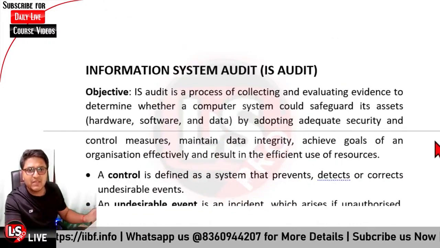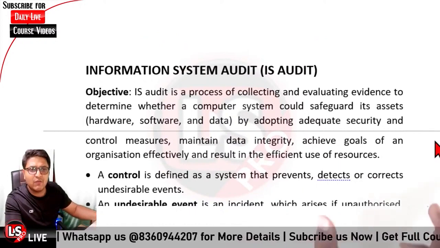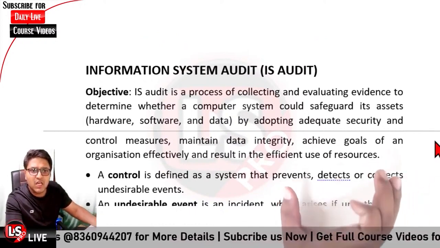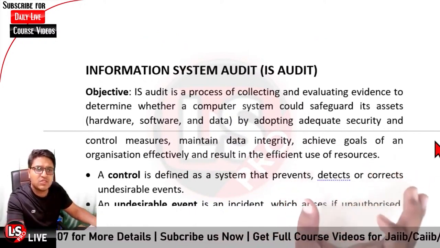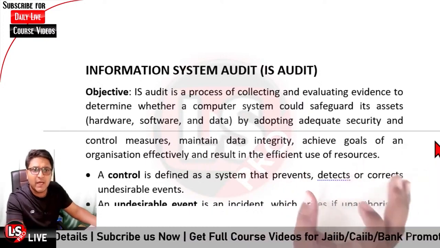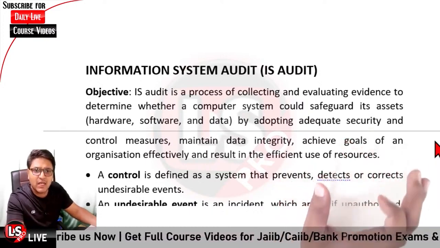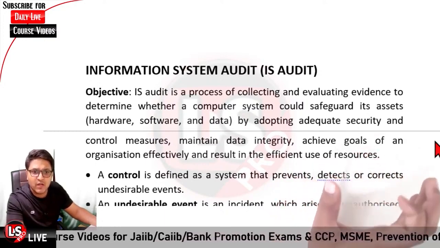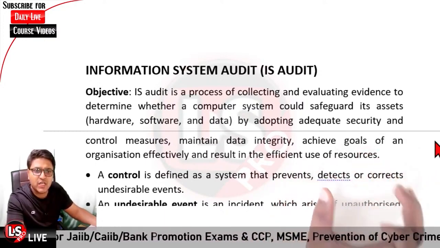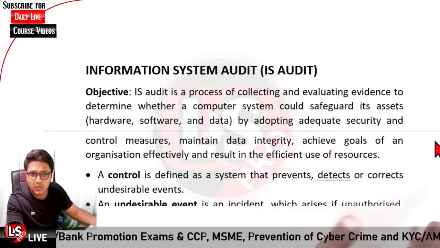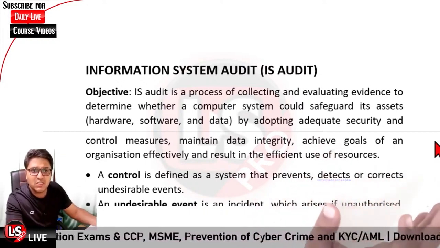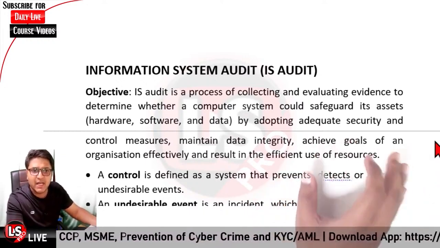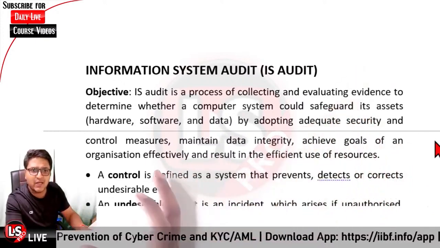Information system audit is basically the process of collecting and evaluating evidence to determine whether a computer system can safeguard its assets by adopting adequate security and control measures, maintaining data integrity, achieving the goals of the organization effectively, and resulting in efficient use of resources or not. So what is the IS audit? It is basically about capturing all the data related to the computer system.